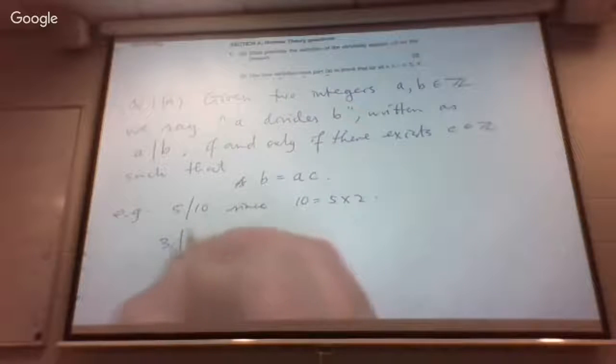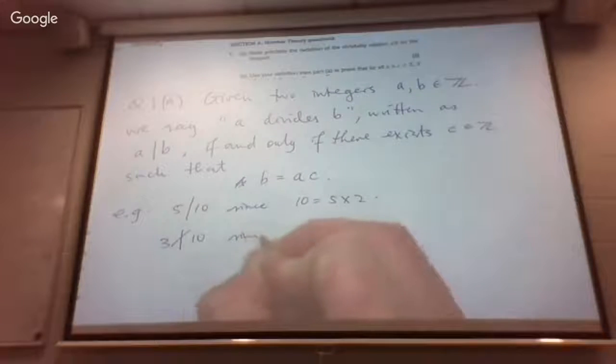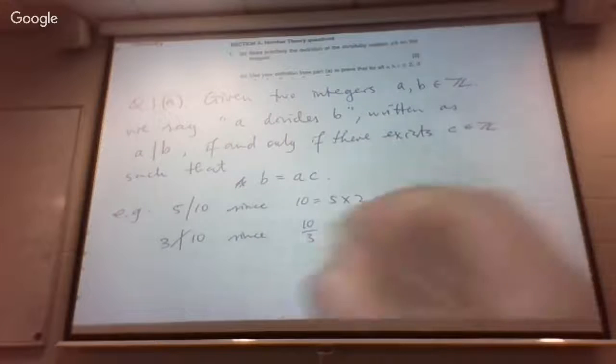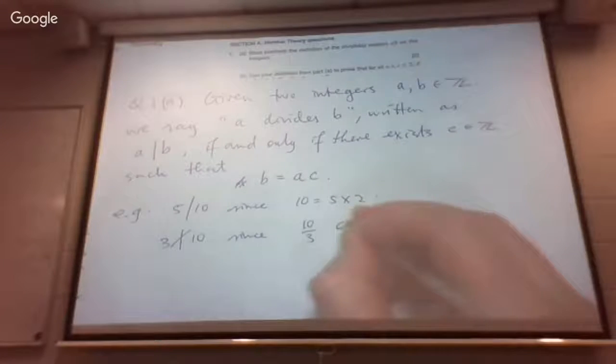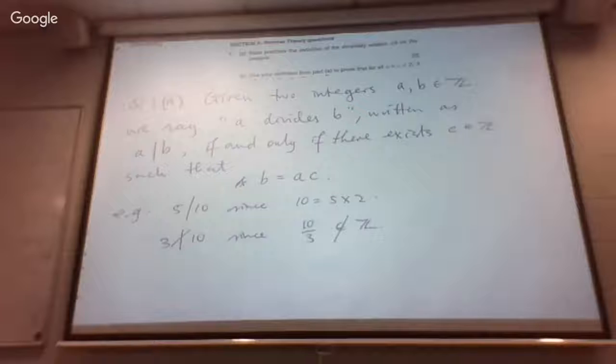And we could say 3 does not divide 10 since 10 divided by 3, this quantity is not an integer. Genuine rational number, non-integer rational. Okay.